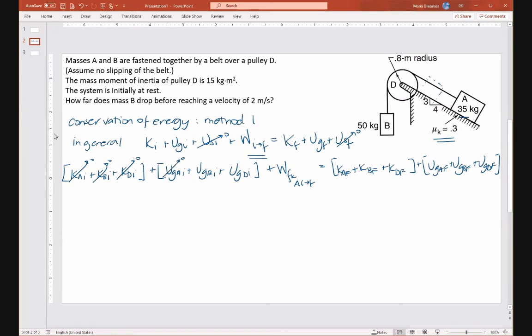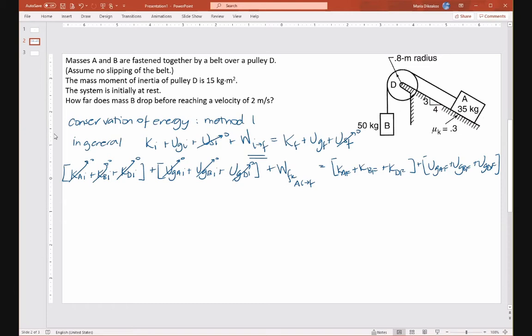Similarly, we can call the initial position of block B the 0 reference. And now, when it comes to the pulley, we could even call the initial position of the pulley the 0 reference for the pulley. Any questions so far?